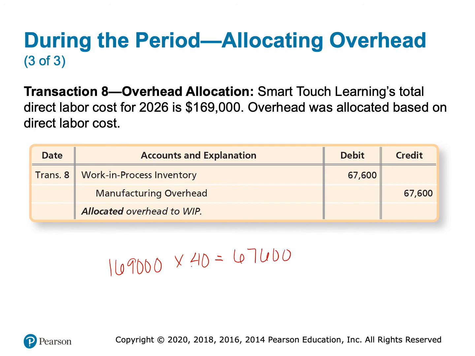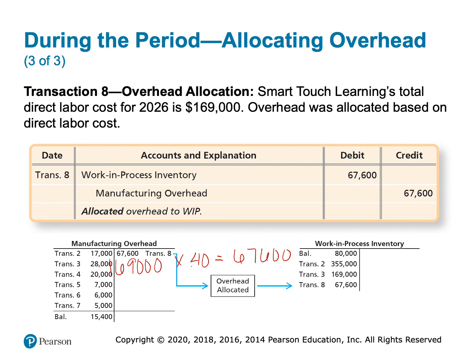We're going to transfer this amount out of overhead. So we're going to credit the overhead T account, and we're going to debit the work in process T account to transfer it into work in process. So once you've written this journal entry and you've posted these to the T accounts, your T accounts should look like this.